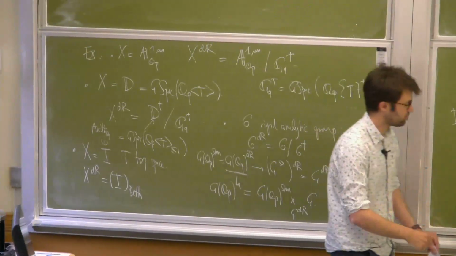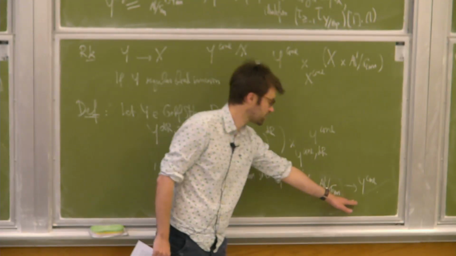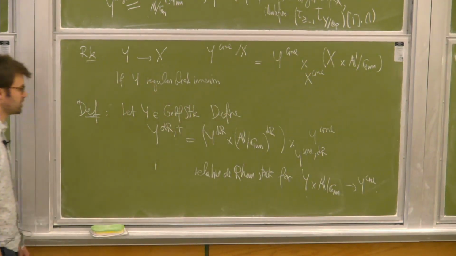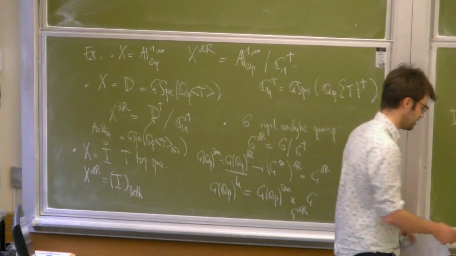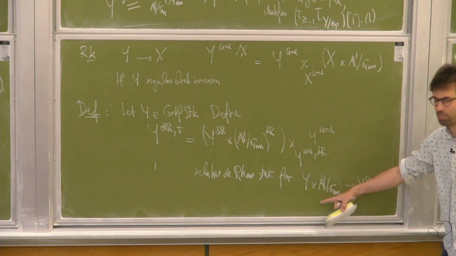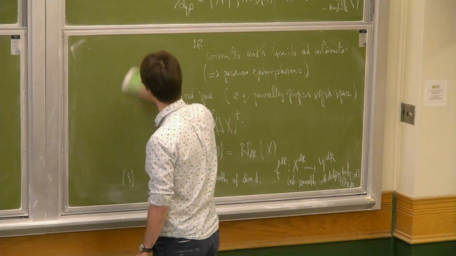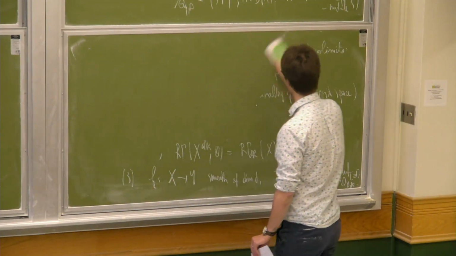If you know what the relative de Rham stack construction is, this is exactly this for this particular map. And we will see later that in analytic prismatization there is a similar behavior, except that the source here will be replaced by something more complicated. That's the reason I wanted to present it in this way.